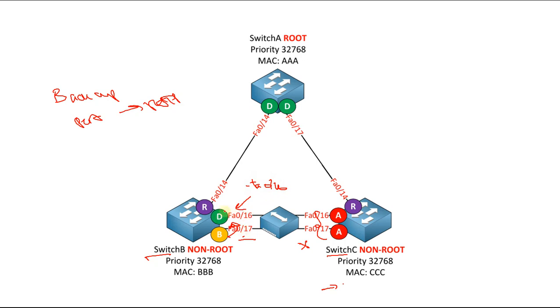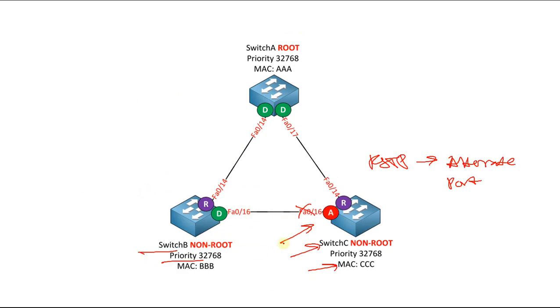So when this port goes down, the backup port automatically converts to designated port, failover. That's it. The backup port in the RSTP is to back up the designated port.